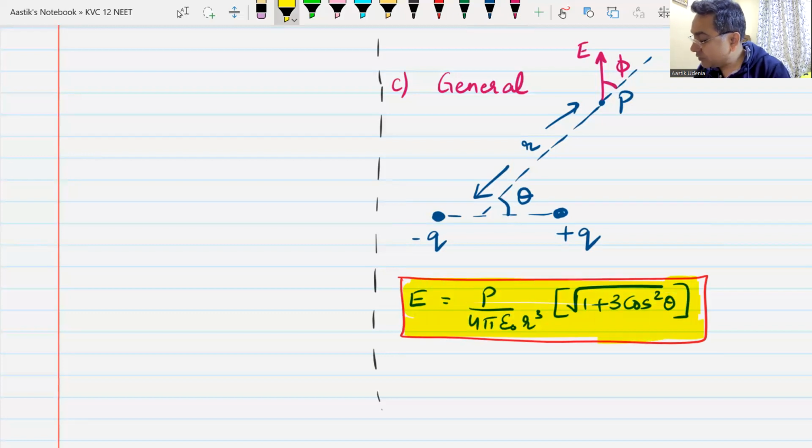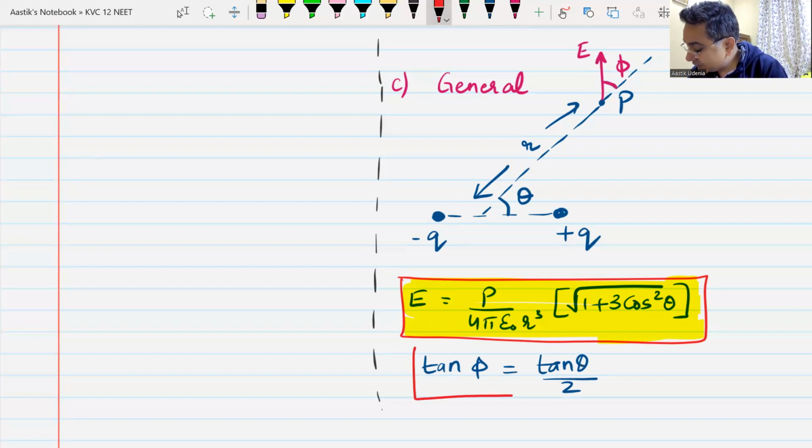You must also remember the formula of this tan phi. The angle it makes is tan phi equals tan theta by 2. A very important result that you must remember. Tan phi is tan theta by 2.